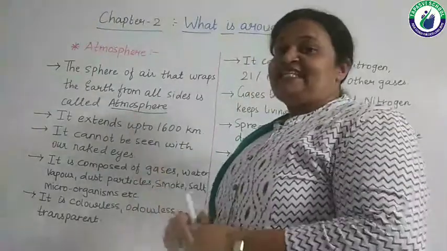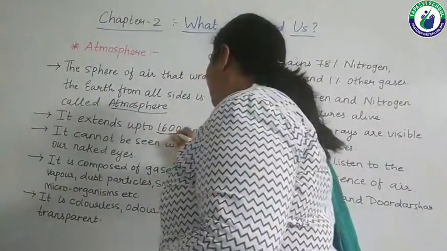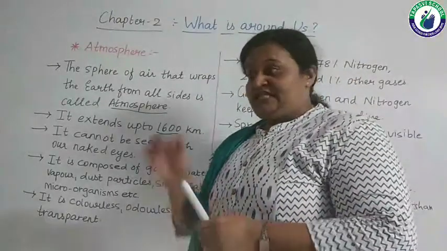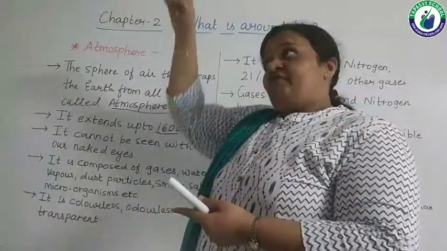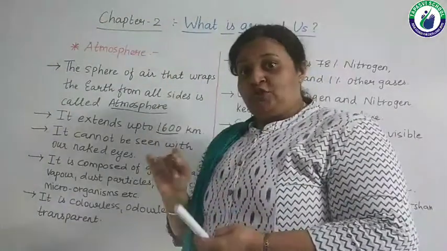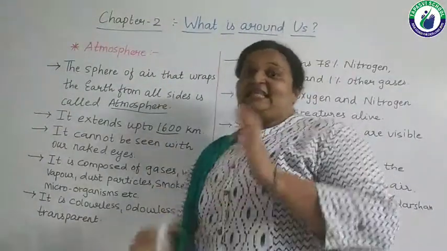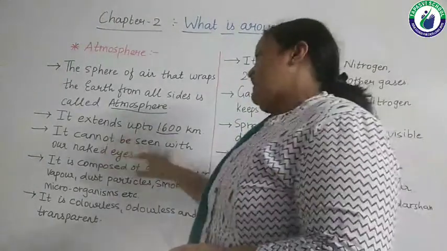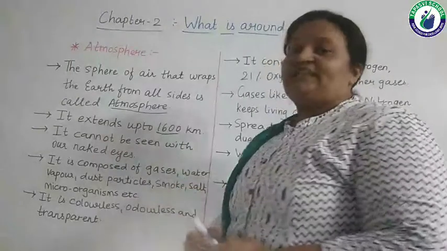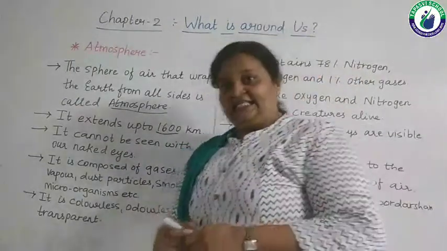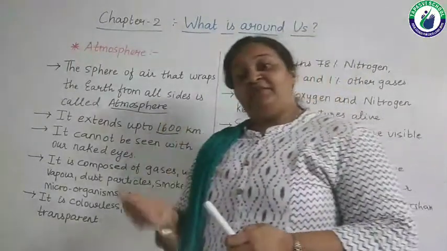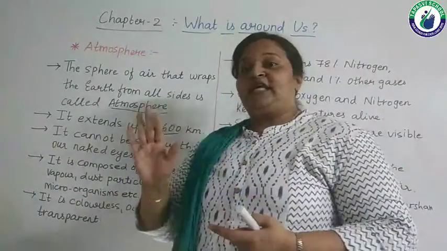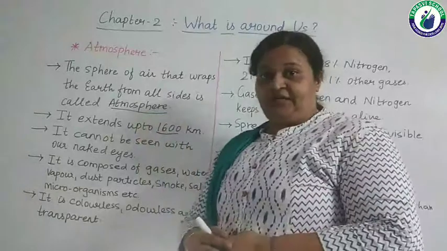It extends up to 1600 kilometers. Starting from the earth's surface, we have atmosphere till 1600 kilometers. It cannot be seen with our naked eyes. As we were able to see hydrosphere and lithosphere, we are not able to see atmosphere.